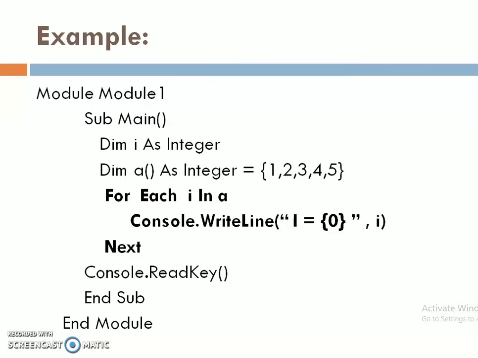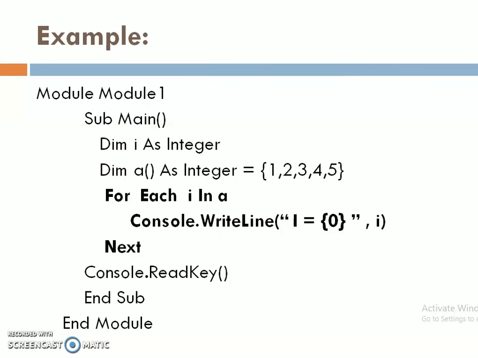So we can first declare variable I as integer data type, and we declare as array. My array name is A and its data type is integer, and give the initial value 1 to 5.